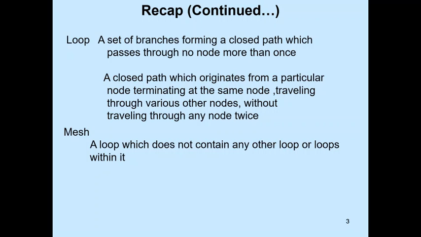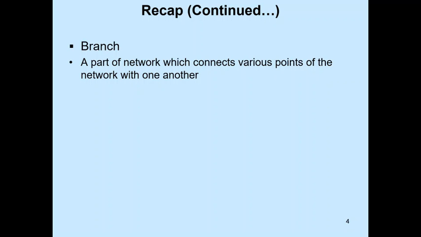Mesh. A loop which does not contain any other loop or loops within it. In this, only one loop should be there. There should not be more loops. Branch. A part of network which connects various points of the network with one another.